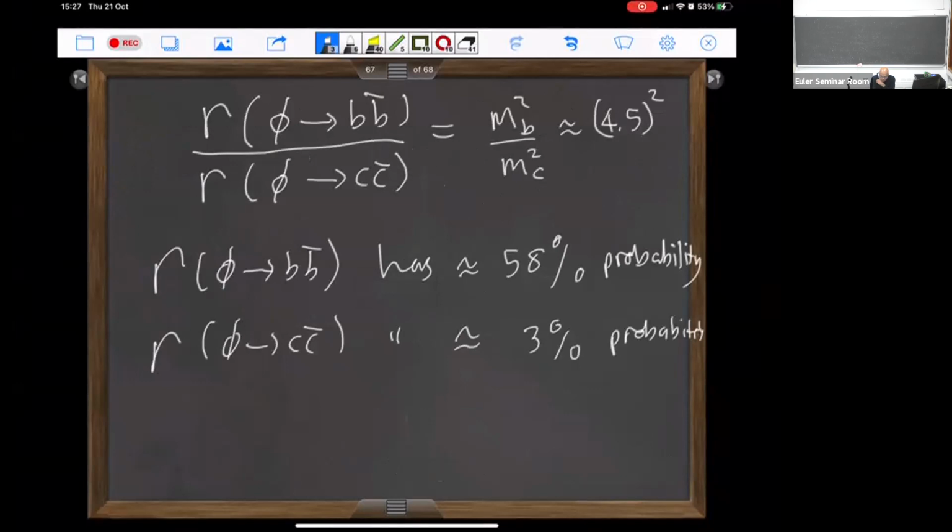This is dominated by the ratio of the bottom quark mass squared to the charm quark mass squared, which is something like 4 or 5 squared. It's a bit less than 5 squared. And that's consistent within uncertainties for what the probabilities are calculated to be.